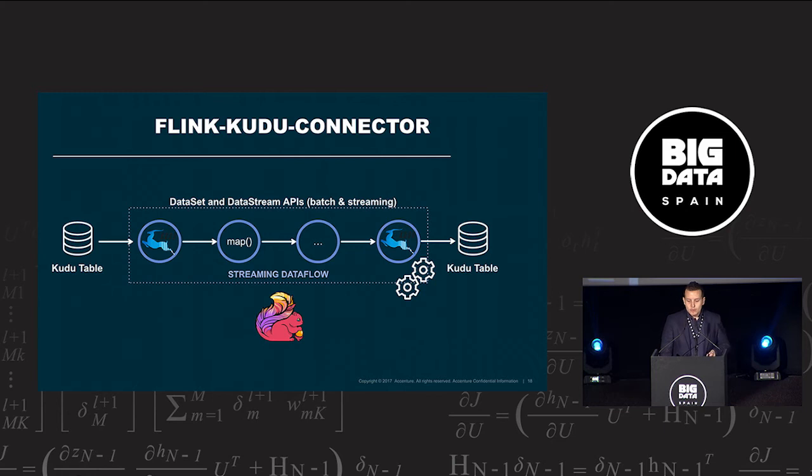And yeah, you already know this Flink streaming flow. But in this diagram, you can see a little modification regarding the previous one. The first and, let's say, unique thing that we made to develop this connector was to provide a Kudu source and a Kudu sink for both batch and streaming APIs.